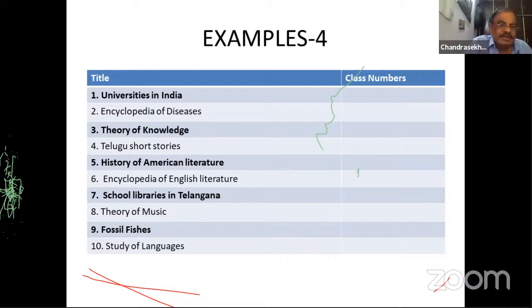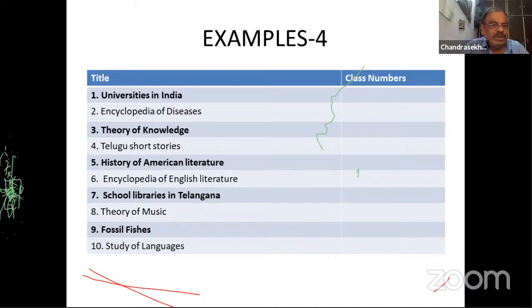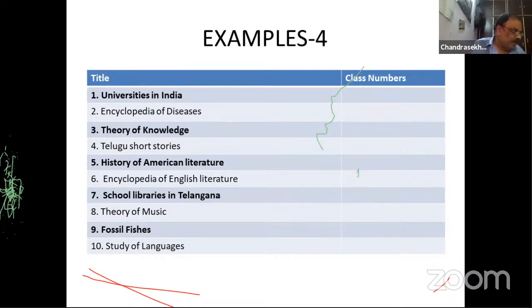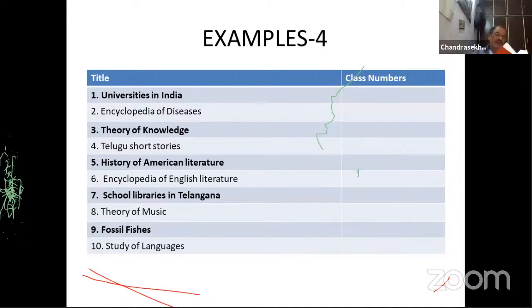Then the last one is study of languages. Languages is 400, sir. Study is 07 from Table 1, so 400.07. Here also again, you have to check under the schedules, under 400 languages, and then confirm.